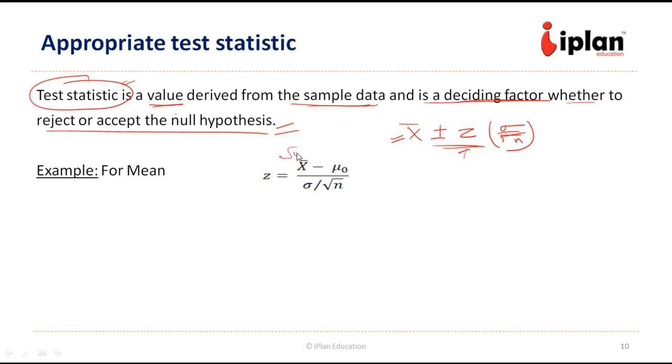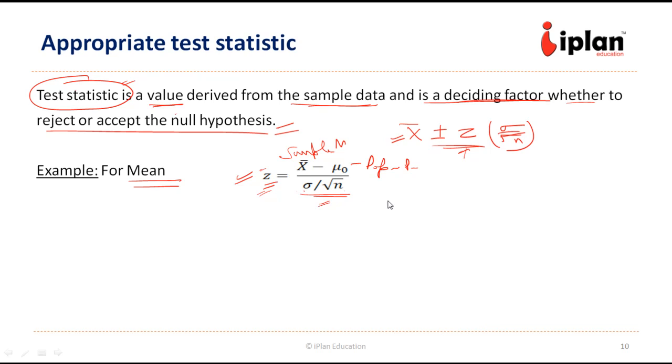X bar is our sample mean, mu is our population parameter, sigma by root n is our standard error, where sigma is the population standard deviation and n is the number of elements in the sample. So if we want to estimate the mean and we are calculating the z score, this is our test statistic if we are going with the normal distribution or using the z statistic. So that becomes our formula.